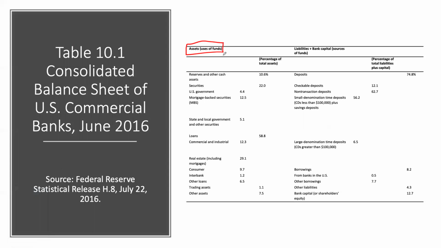So this lists all the different kinds of financial claims that the bank has on other people. On the right hand side of the balance sheet, we list the bank's liabilities. This is what the bank owes, right? And finally, if you look at the last line item on the liability side of the balance sheet, there you see what we list as bank capital or shareholders' equity.